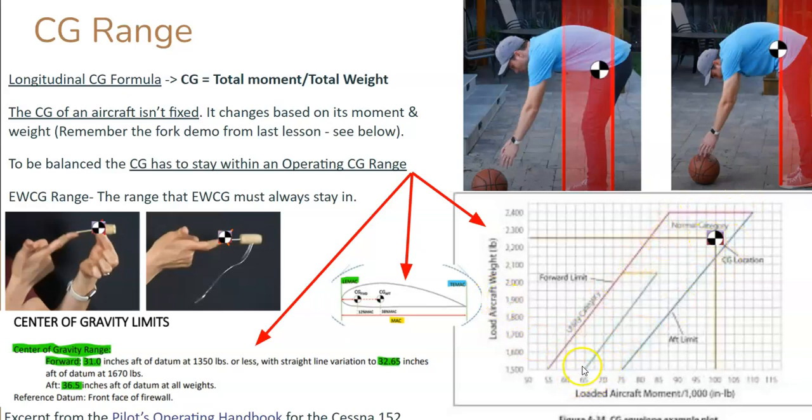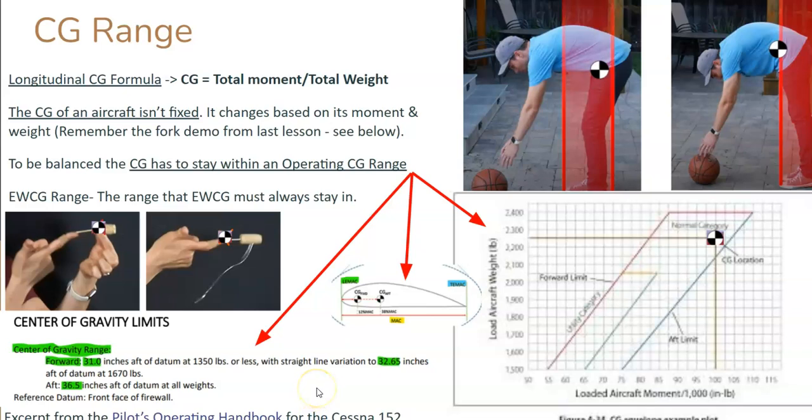Keep this in mind, you're going to be using this a lot later. And then you can even see an example of where you find this information in a pilot's operating handbook. I have this excerpt here from a Cessna 152. So again, it tells you what the forward center of gravity limit is and the backward or the aft center of gravity limit is. Keep it in between there, you should be fine.